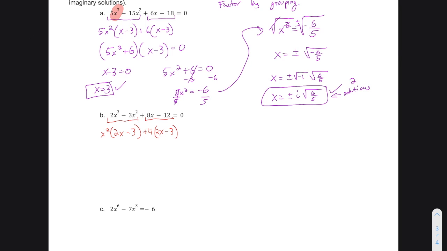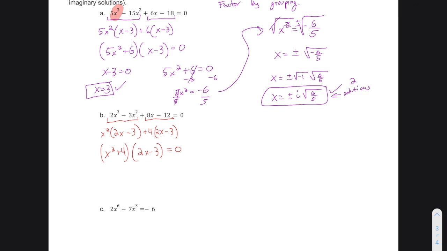And so I have this common factor of 2x minus 3 in my first two terms and my second two terms. So I'm left with x squared plus 4 times 2x minus 3. And x squared plus 4, we cannot factor any further. It is not a difference of two squares because of the plus. So this is as far as we can go.